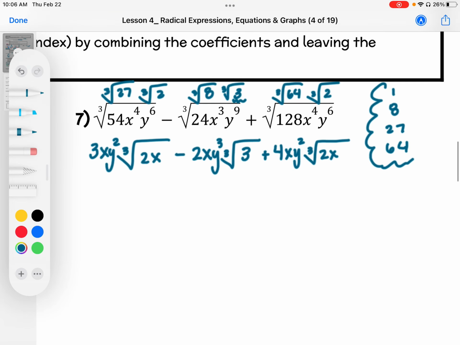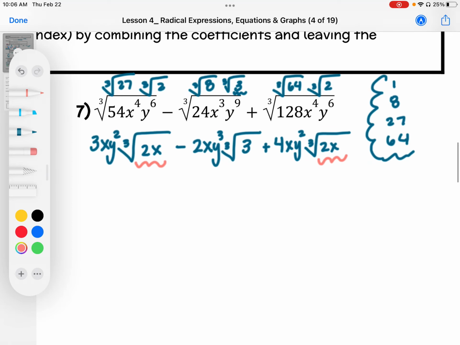So that's a lot of work just to simplify because we haven't even added or subtracted yet. But what we're looking for is like terms. So they have to have the same radicand. So that means the same exact thing underneath the radical, which these two do. It also has to have the exact same variables on the outside of the radical. So we have xy squared, xy squared. So we can go ahead and add those numbers. 3 plus 4 is 7, and then nothing else changes.